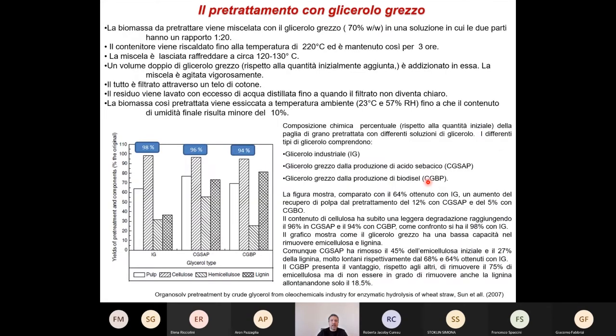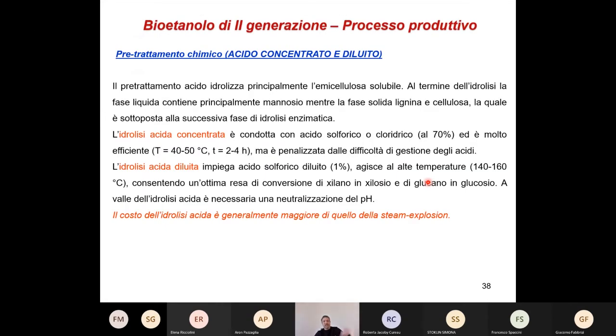I just said acid pretreatment, and what is that also. Of course, the chemical pretreatment is probably the most efficient because you use very hard acids, and you obtain the separation of a lot of polymers, but you have to use acids, and you also have these acids at the end of the reaction, and these acids can create problems in the following processes.